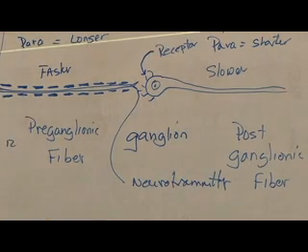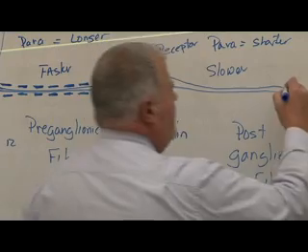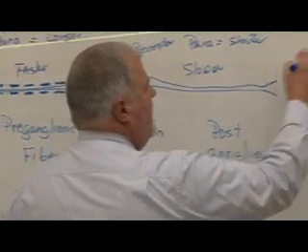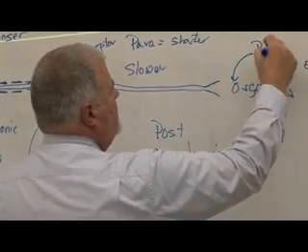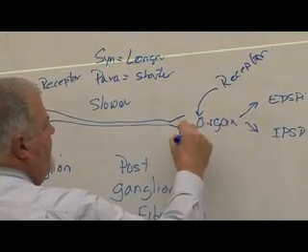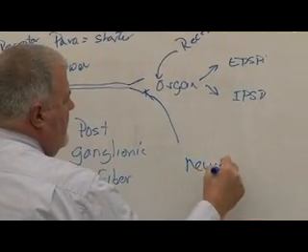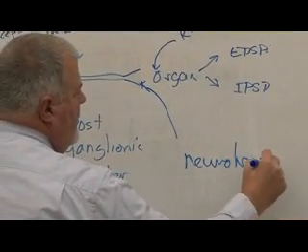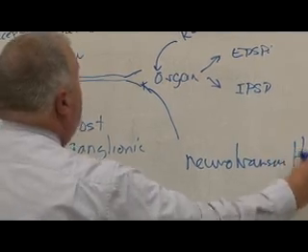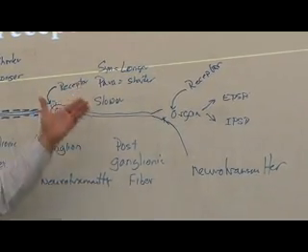So we have to have a neurotransmitter, we have to have a receptor. And then when we get to the organ, the same thing is going to be true. The organ itself is going to have receptors, and the neuron is going to have to release a neurotransmitter, a chemical communicator. Okay? So we have two places where we have to think about, well, what's the neurotransmitter and what's the receptor?